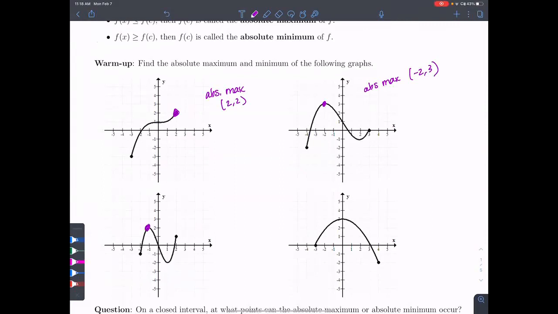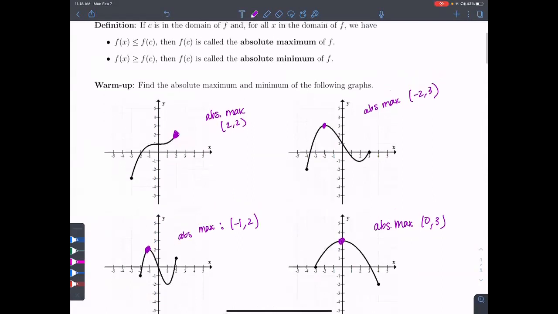We have an absolute max right here. Absolute max here is that ordered pair at -1, 2. And here's our absolute max that appears to be at 0, 3.